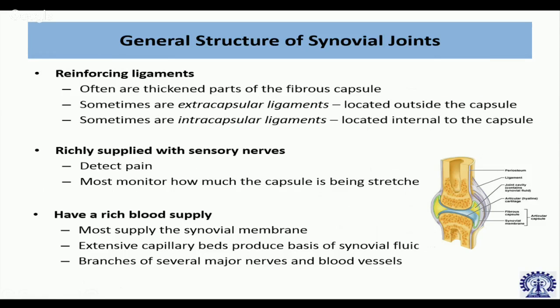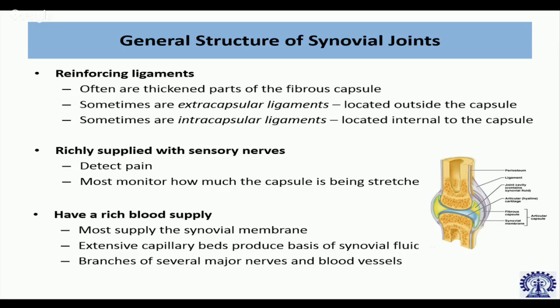Now the general structure of the synovial joint can be summarized as follows. It has reinforcing ligaments, which are often thickened parts of the fibrous capsule, sometimes as extracapsular ligaments located outside the capsule, and sometimes as intracapsular ligaments located internal to the capsule.